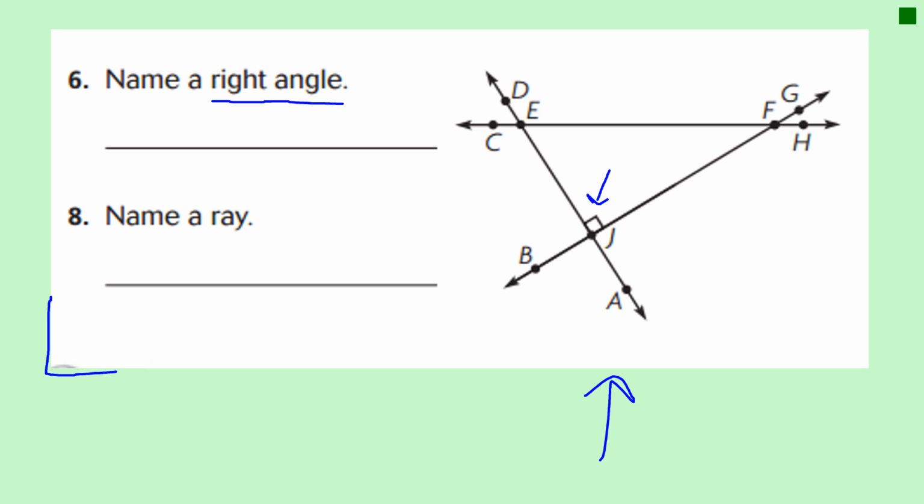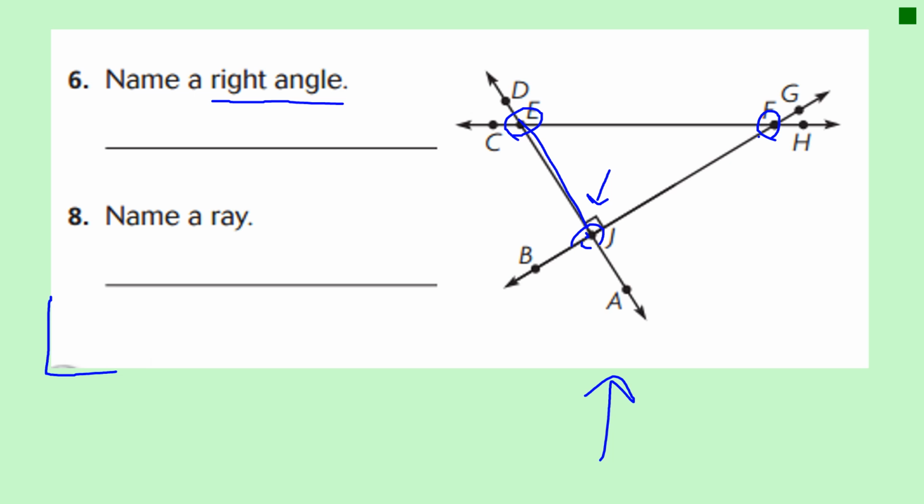That little notch or the square is a symbol used to show that that is a right angle. That's used by every scientist in the world, every architect, everybody. Everybody knows what that means. So that means that right there is the vertex of a right angle. Okay, so let's use this, this, and this, those 3 points.